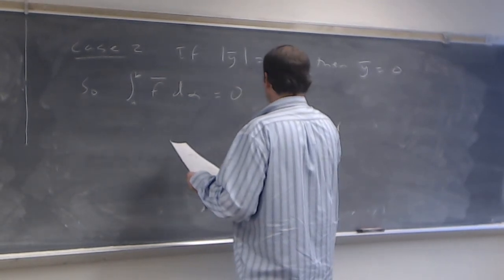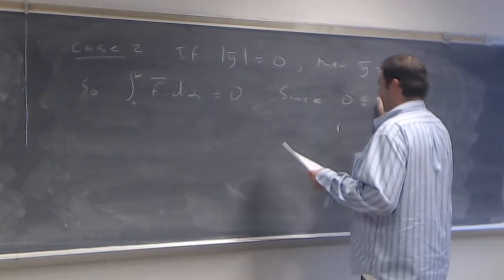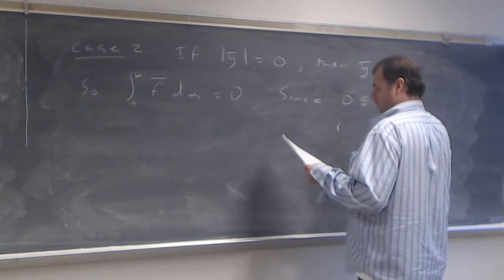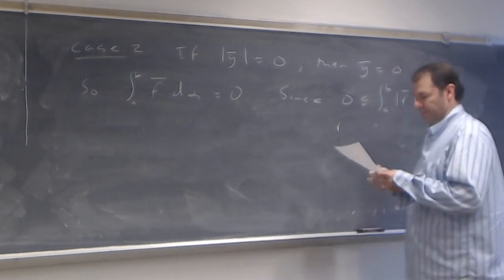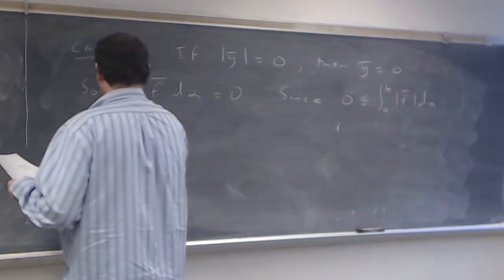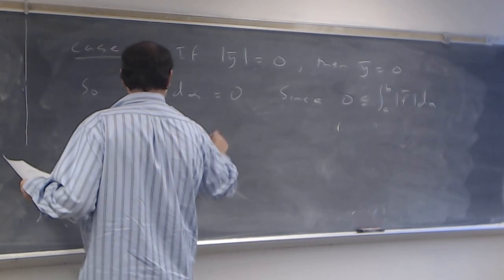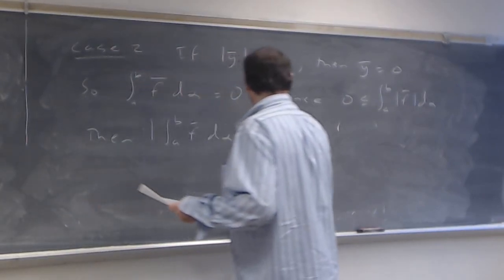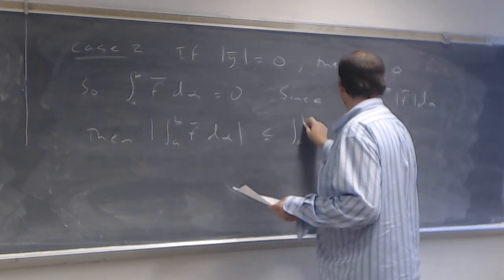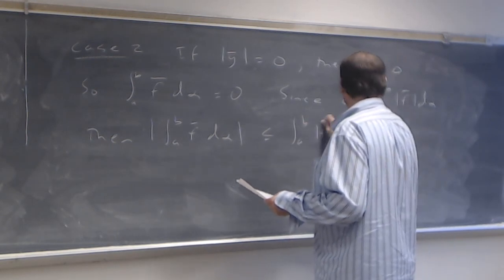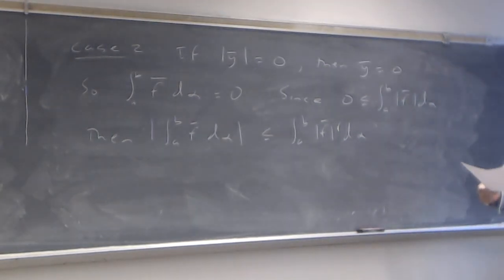And so since 0 is less than or equal to the integral from a to b of the norm of f bar d alpha, then the norm of the integral from a to b of f bar d alpha, which in this case is 0, is less than or equal to the integral from a to b of the norm of f bar d alpha. So that's what we have.